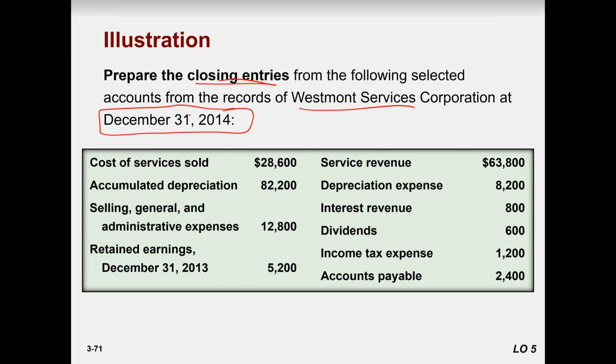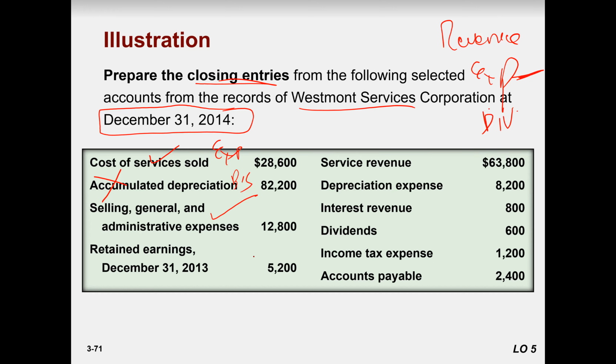So remember, closing entries are done for revenue, expenses, and dividend. So find out. Cost of goods sold is our expense, which means it must be closed. Accumulated depreciation is a balance sheet item, so it is not going to be closed. Selling and administrative expense belong to expenses, so we must close it.